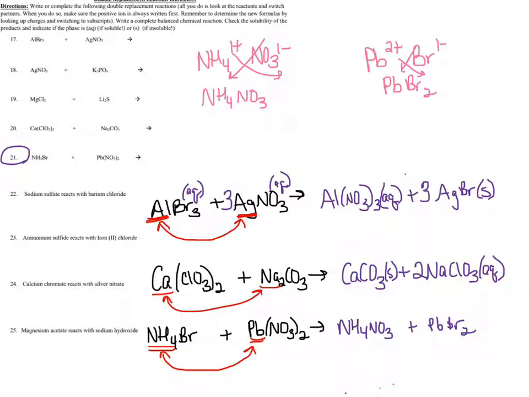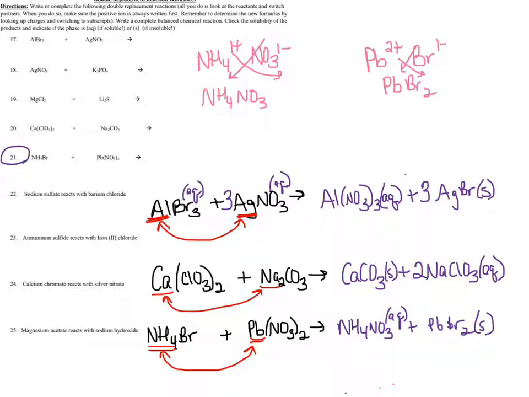So now we just got to look up our solubility. And if I do that, NH4NO3, no matter which part of the compound I look at, both of those are always soluble, so that would be aqueous. And if I look up PbBr2, I might not see Pb by itself, but Br is insoluble when combined with Pb2+. It's an exception, so that would be solid.